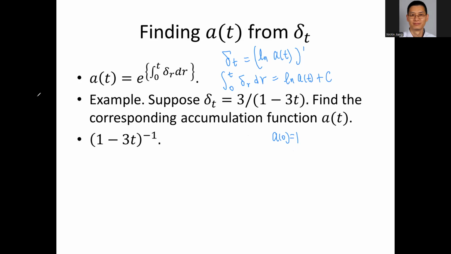And log of 1 is 0, so C equals 0. So I'm going to get rid of this C. And then you have a of t equals e to the integral from 0 to t of delta r dr. So a of t is determined based on delta t, and also obviously delta t is determined based on a of t. So they have a one-to-one relation.